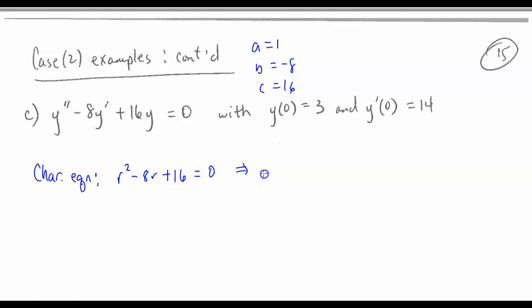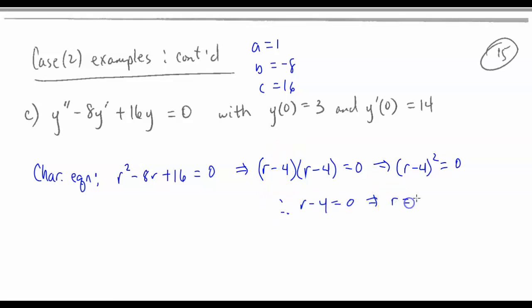And if we factor that out, that is going to be r minus 4 times r minus 4 equals 0, or just r minus 4 quantity squared. Doesn't really matter here. Either way, it's going to be the same thing. If I set r minus 4 equal to 0, I'm just going to get that r is equal to 4.